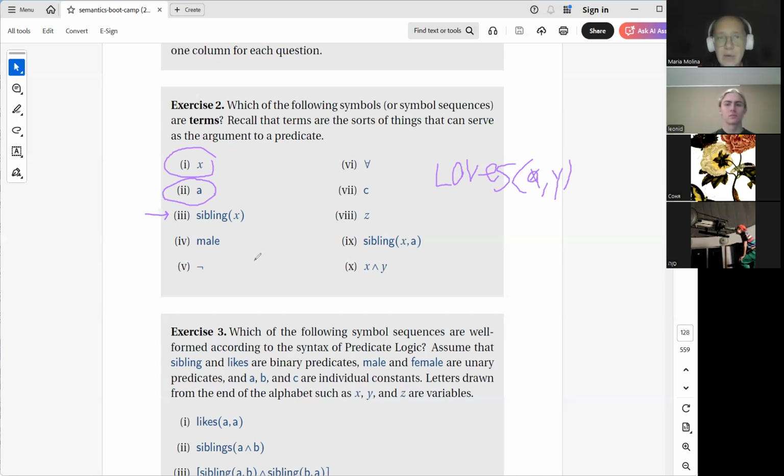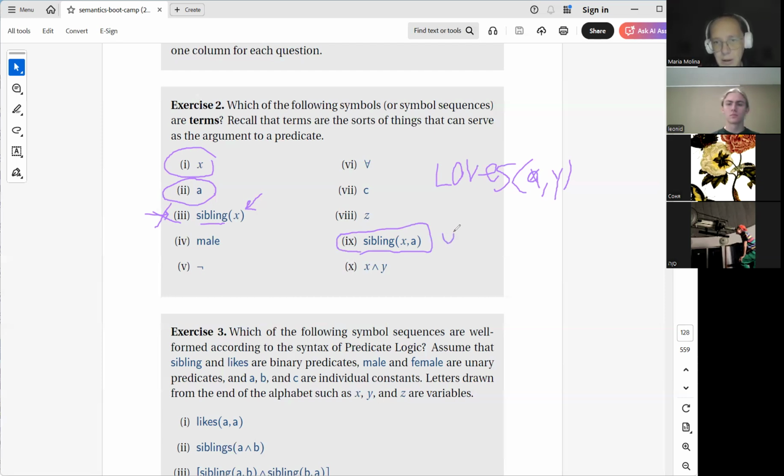Can we use formula as an argument to a predicate? This is a not well-formed thing. Can you see that? Sibling demands two arguments. So, yeah. But if we take this one, which is well formed, this is a formula.